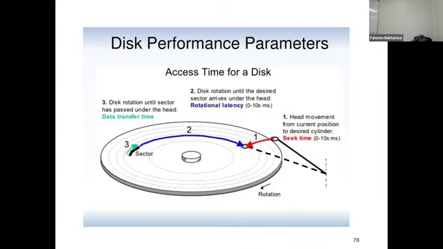This sector could be right here, spinning. The moment you bring the head, it goes under the head. So that took very little time. Sometimes, the worst case, we bring the head here and the sector is just going past the head. You have to wait for it to go a full circle. But it doesn't matter, because that full circle is so short since this thing spins at 15,000 revolutions per minute.